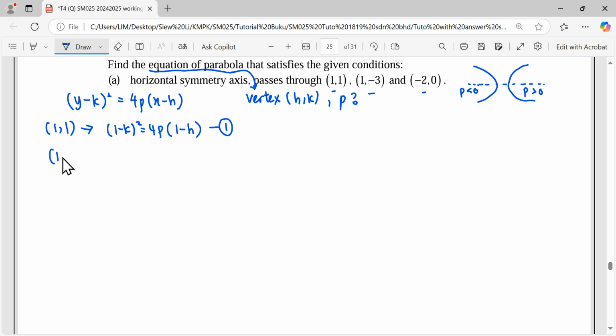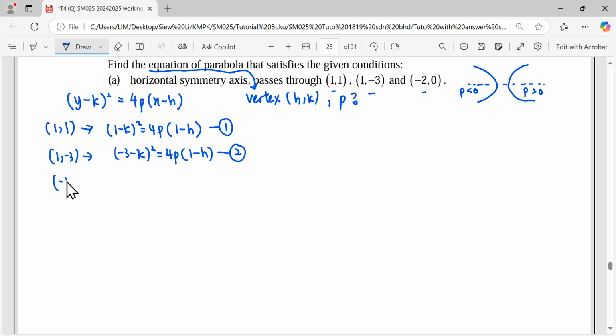Then the second point, (1, negative 3). When I substitute y coordinate negative 3, x coordinate is 1. It seems we have a common factor, so we can do this simultaneously to find out our k value.